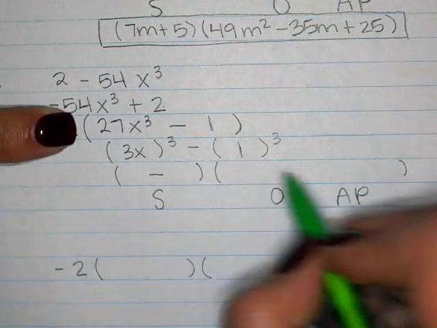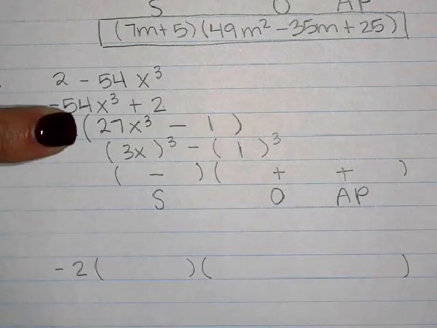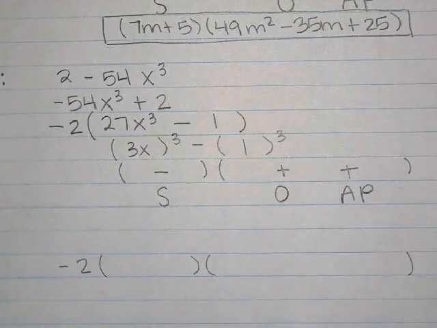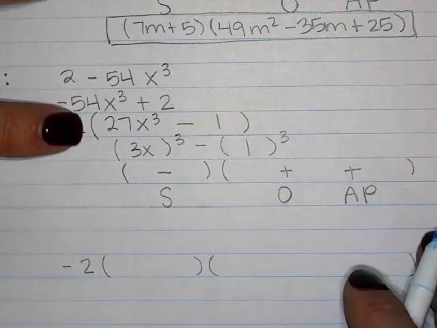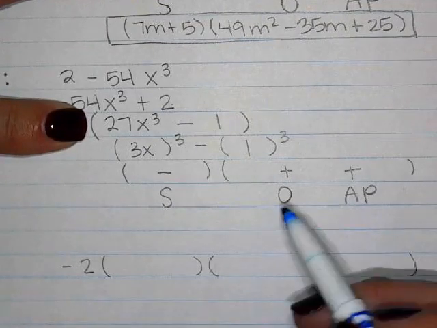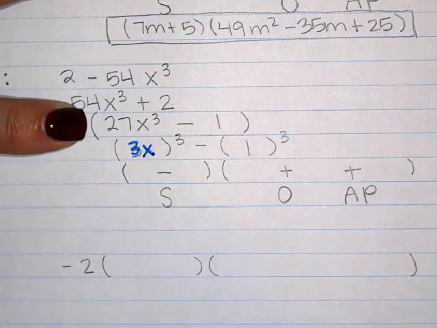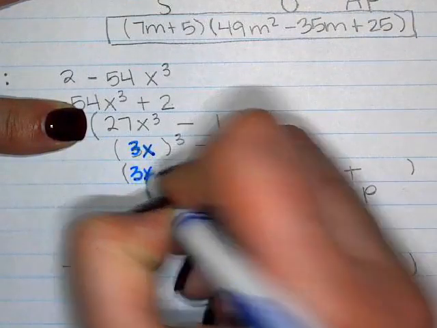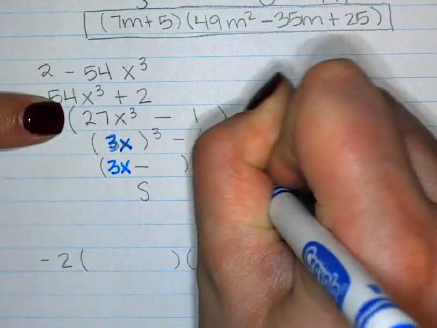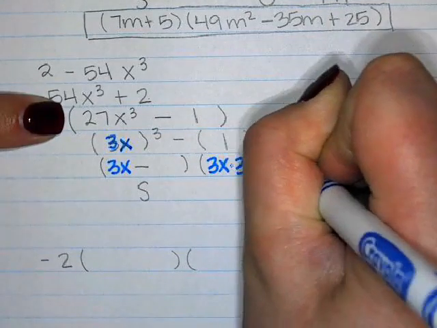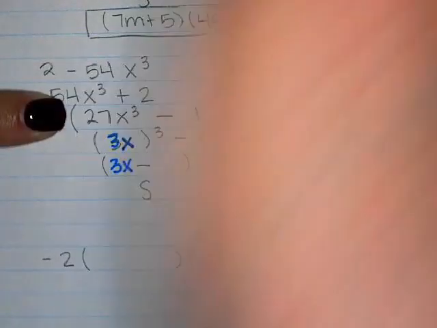First color, I'm going to keep covering up that -2 so it's not confusing me. Okay, so first color, I'm going to use the 3x. I'm going to do it one time for the little parenthesis, twice for the big parenthesis, until I get halfway through, and then I'm going to switch colors. And I've got the 1, once for the little parenthesis, twice for the big parenthesis.